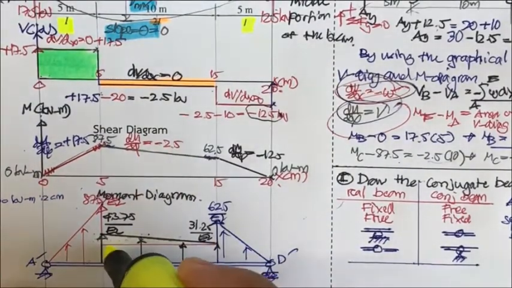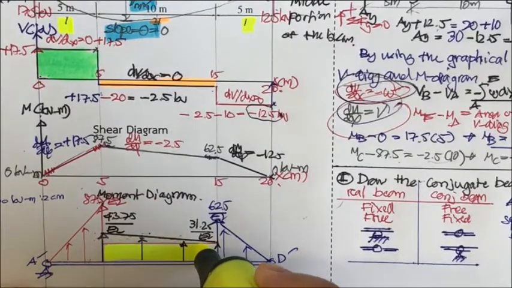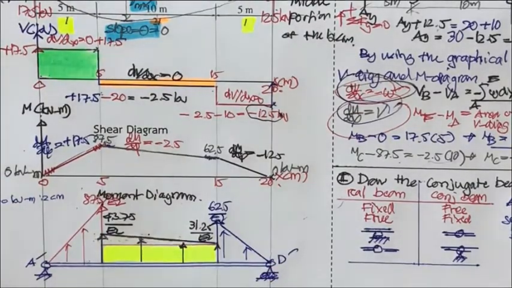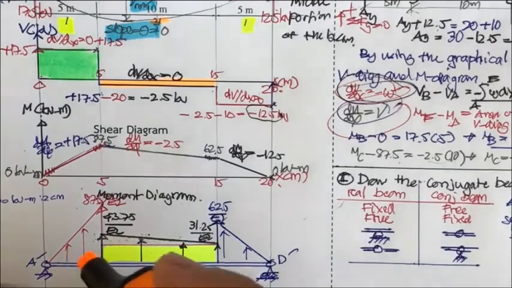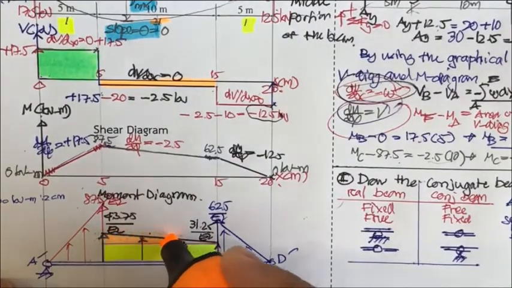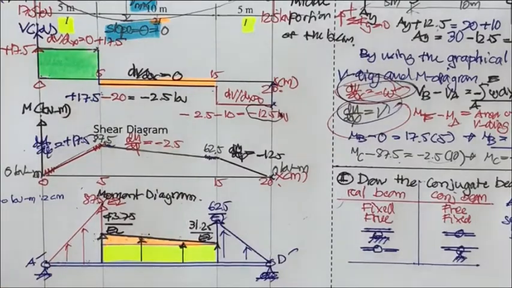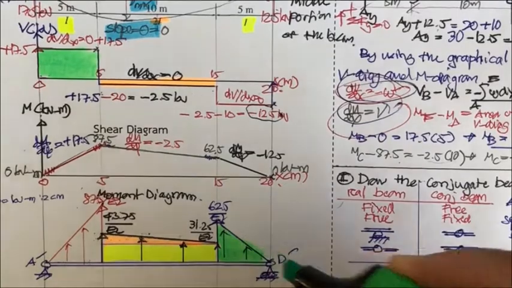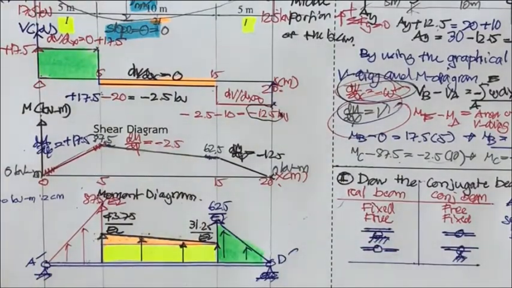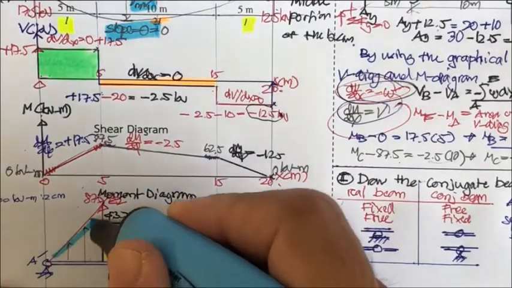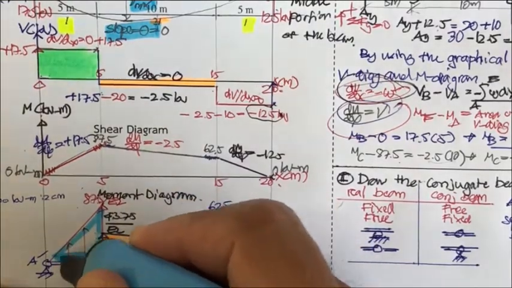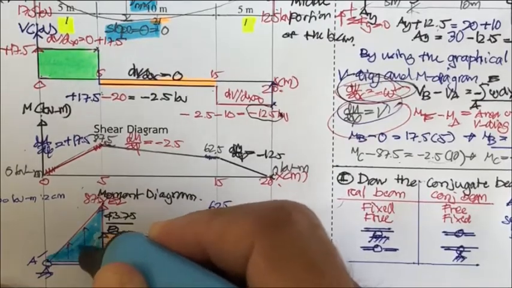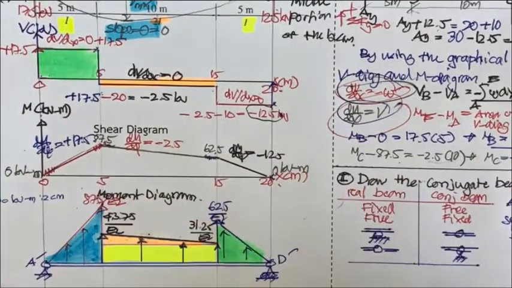This is going to be the yellow one, and this is going to be the orange one, and this one is the green one, and we are going to determine the resultant of this elastic weight. There are going to be 3 of them.